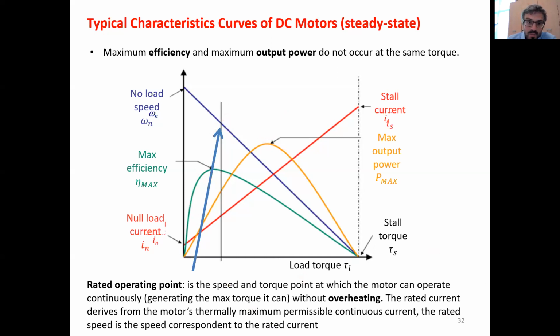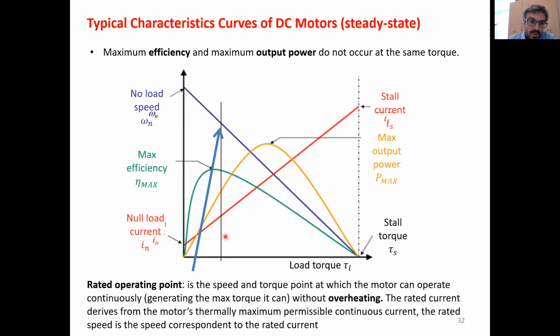But why don't we go to the maximum power, for example? Because in general, the maximum power point is a point where we have a lot of heating in the coil, and so we can have overheating. And the maximum efficiency point in general gives too low power. It's not the maximum speed and torque we can get without overheating.